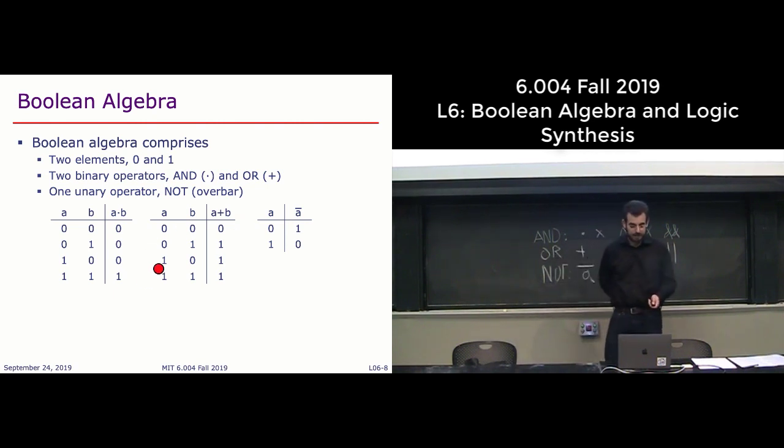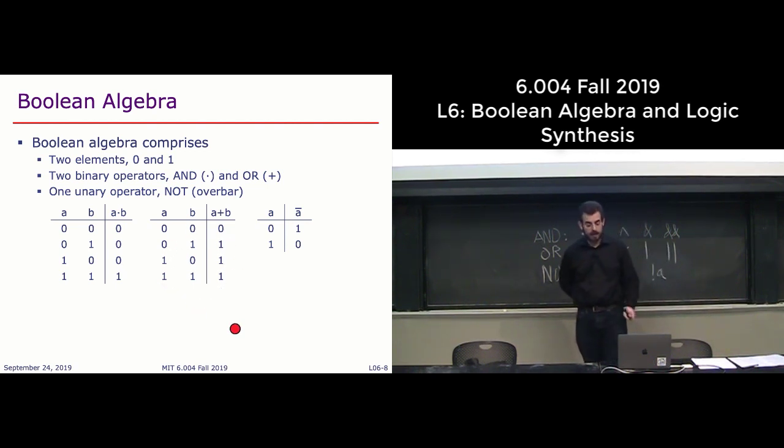So this is the truth table for and. If A and B are listed here, A and B is 0 except when both A and B are 1. A or B is 0 only when A and B are 0 and is 1 if either A or B is 1. And then not A is 1 when A is 0 and 0 when A is 1, right?